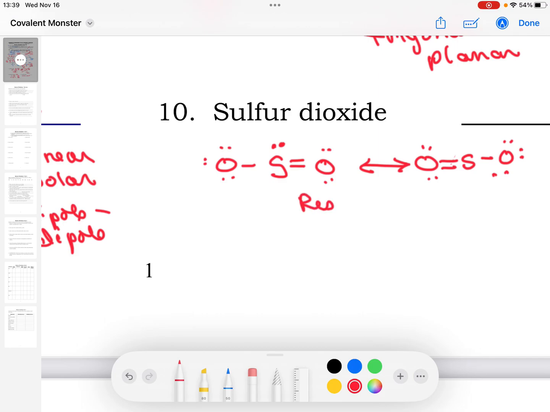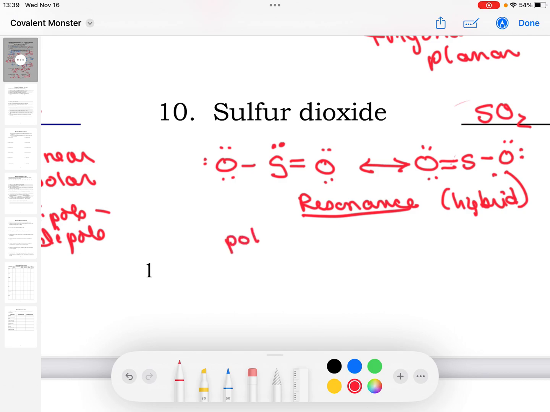So this exhibits resonance. And remember, neither of these is correct. It exists actually as a hybrid of these. You have to draw both.